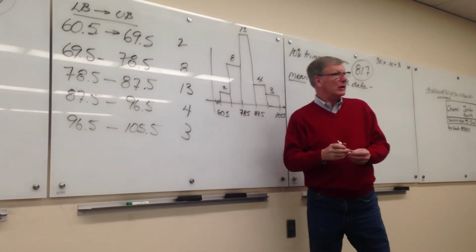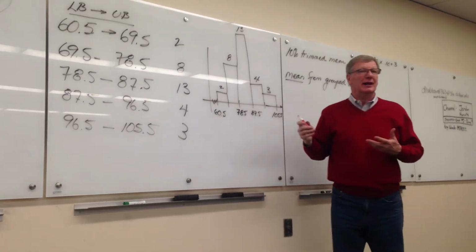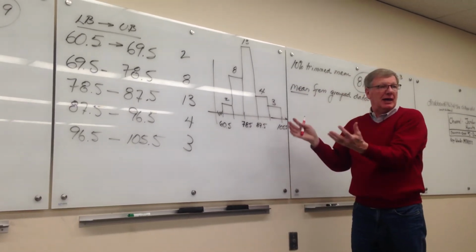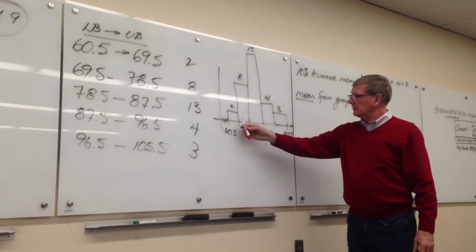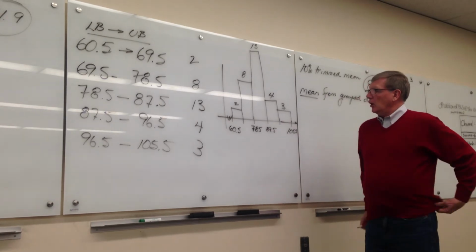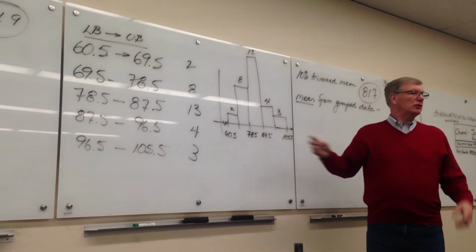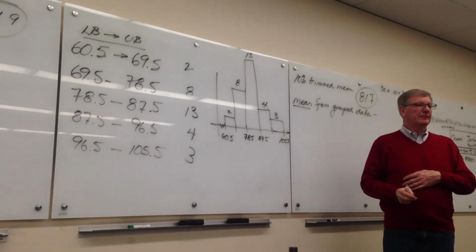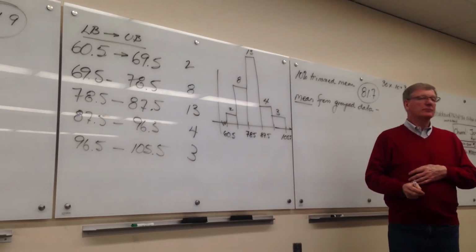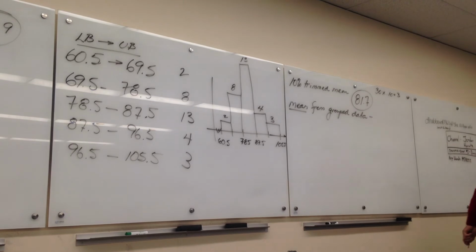I know that because we work with the data, but if I didn't have the data and I just had the picture, what would be my best guess for the 2 pieces of data that I do have in there? 76 and 82.